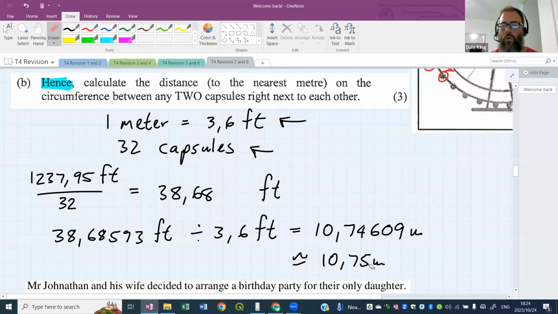They're not going to penalize you. If you write 10,7 when it should be 10,75, or if you write 10,79, then they'll take issue with that. So it won't be a big deal if you don't write all the decimals, as long as you're saving them on your calculator to make sure you're accurate at the end.